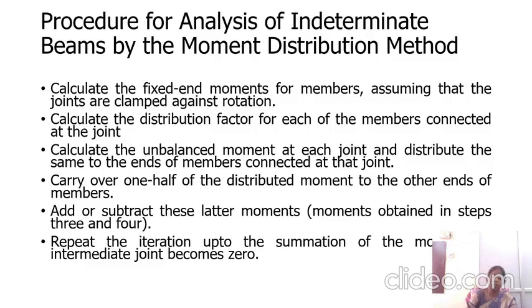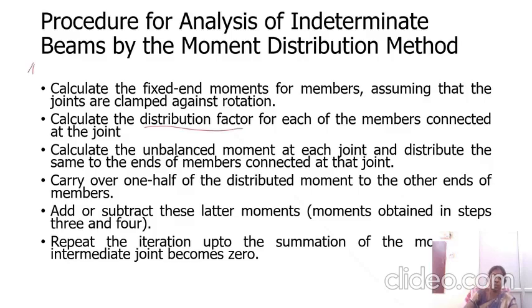Next, coming to the procedure of the moment distribution method. First step is to find the fixed end moment for all the spans with the given loading condition. Then find the distribution factor, using 4EI by L and 3EI by L for each member. Then find the unbalanced moment.